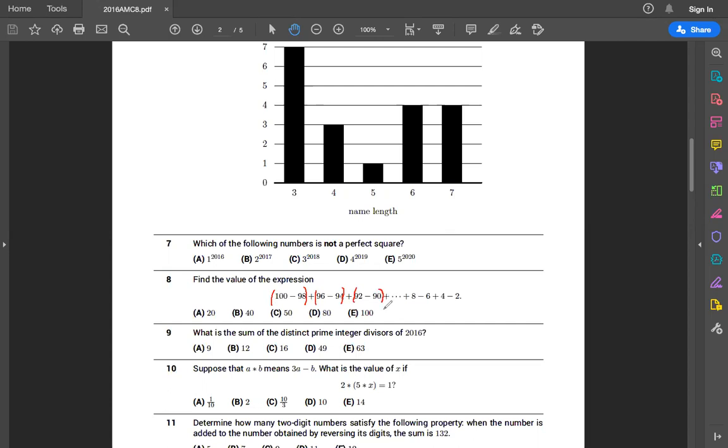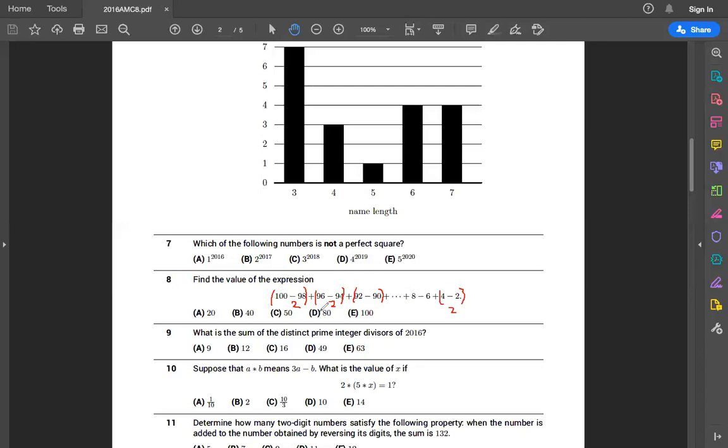Okay, so we can see that each parentheses has 2 within it, right? 100 minus 98, 96 minus 94, and all the way down, it's always 2 on the inside. So all we need to know now is how many of these parentheses there are.